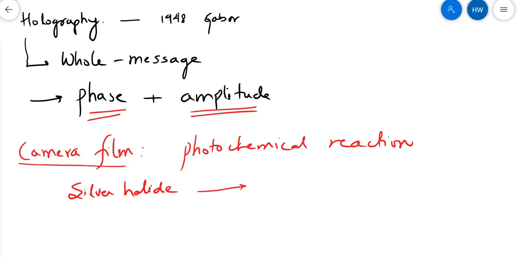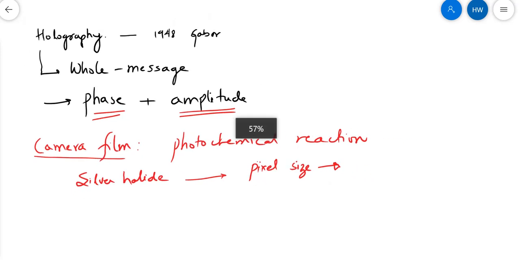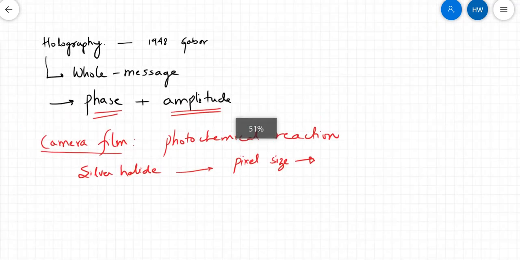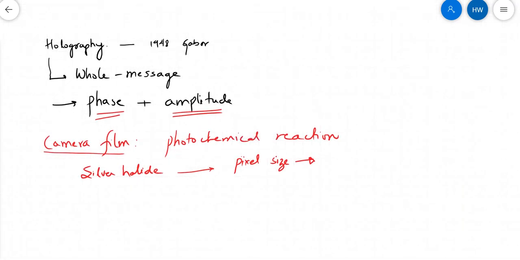But you can think of it as very, very small crystals, and the typical pixel that one can associate, which is the smallest spatial size where information is contained, in a typical film can be as small as about 0.125 micrometers. That's the kind of size one is talking about.